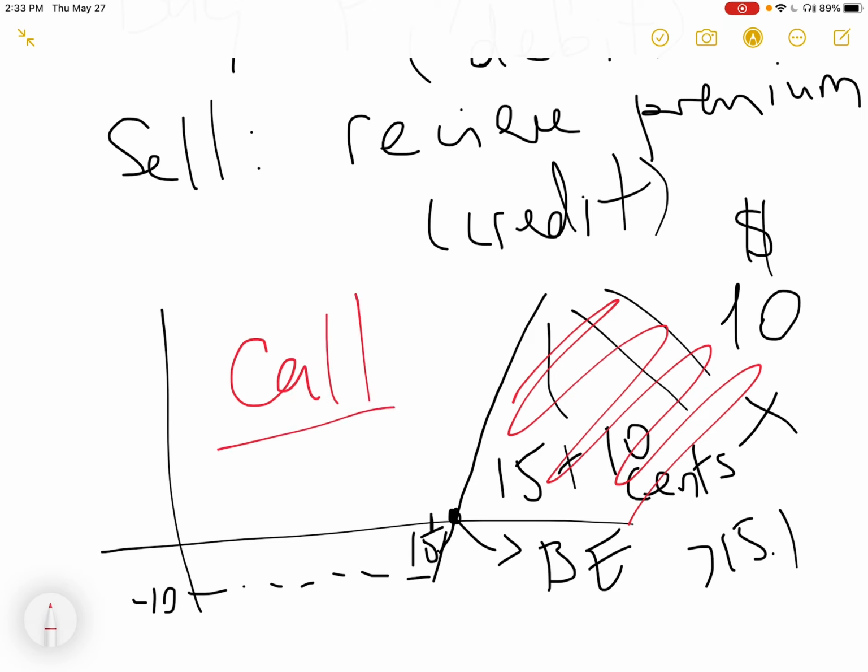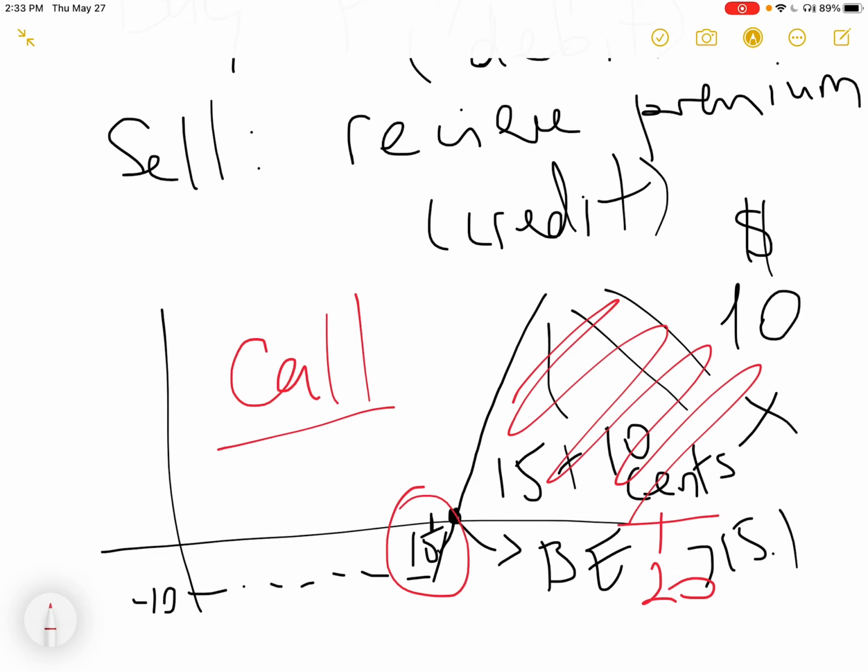Obviously, when you make money, somebody's losing money, right? So the seller of that call option, if you exercise when the stock price is at $20, has to give you the shares at $15.